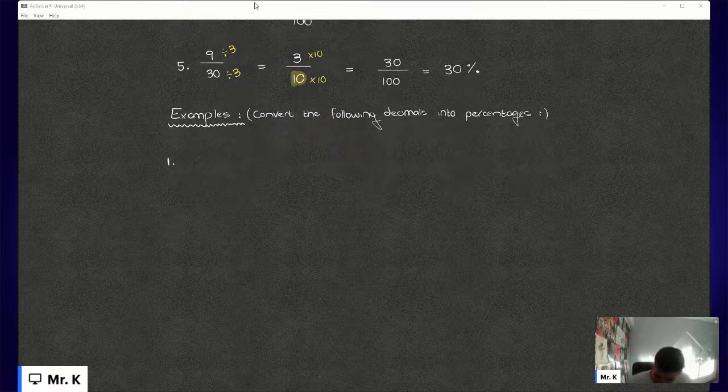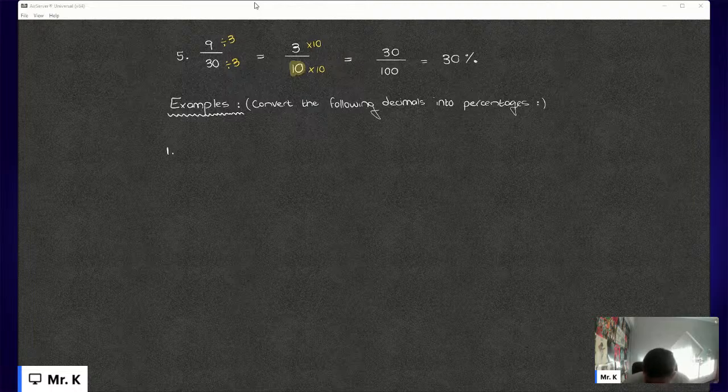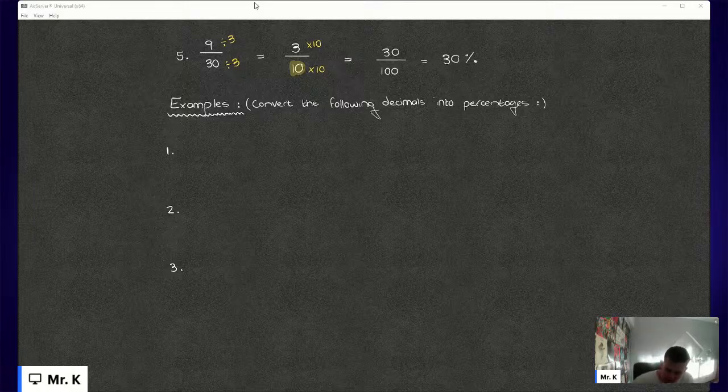Right. We're also going to go through a few examples of this, guys, but keep in mind that we are going to solve with a little bit more working out this time around. So let's take a look at example number 1.